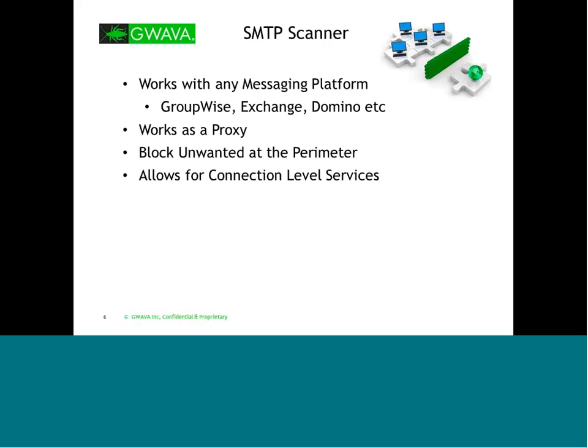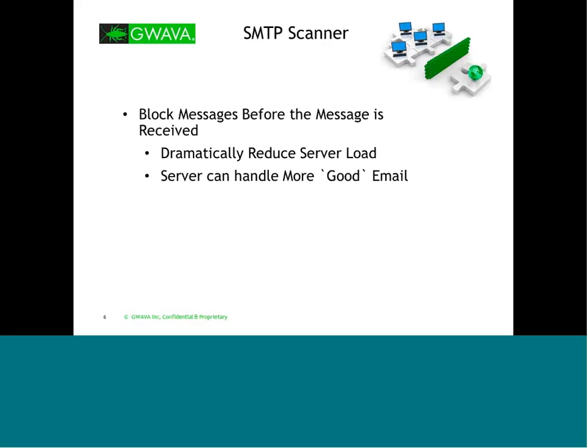So it allows for connection level services, okay, and you can configure it to drop the connection on certain events. So as I was telling, connection dropping blocks the message really before the message is received by your mail system gateway. So this will reduce a lot of server load.